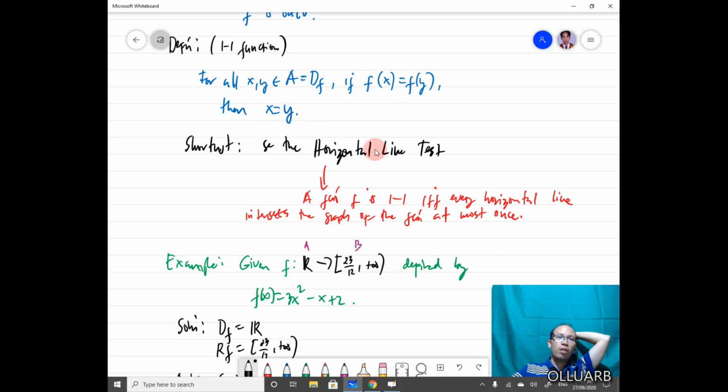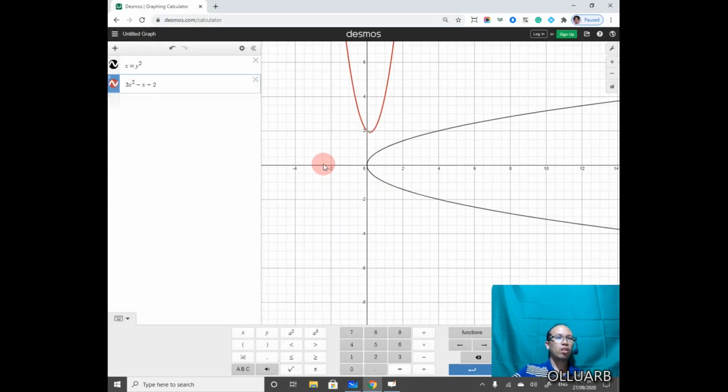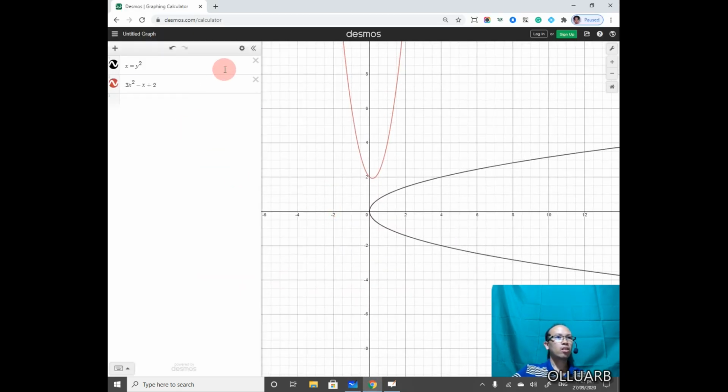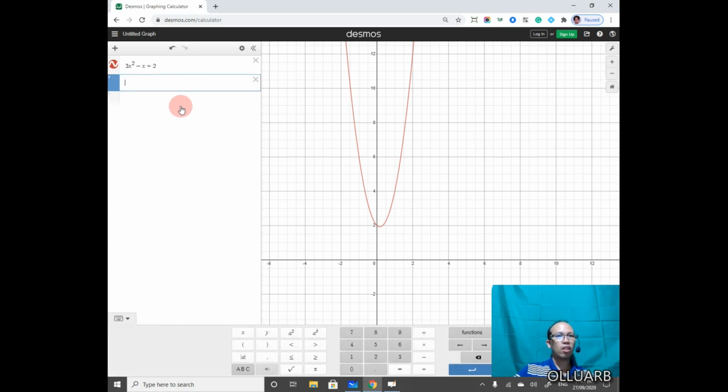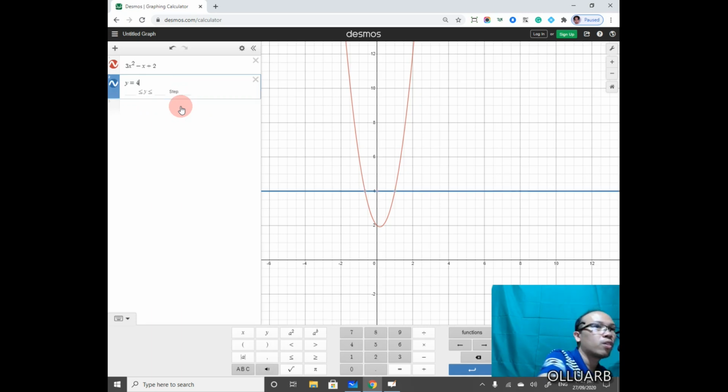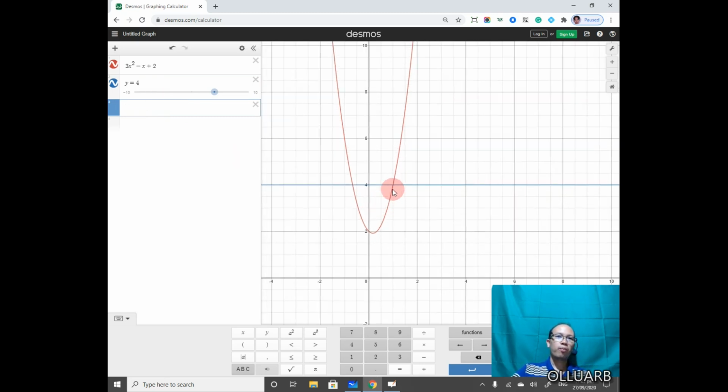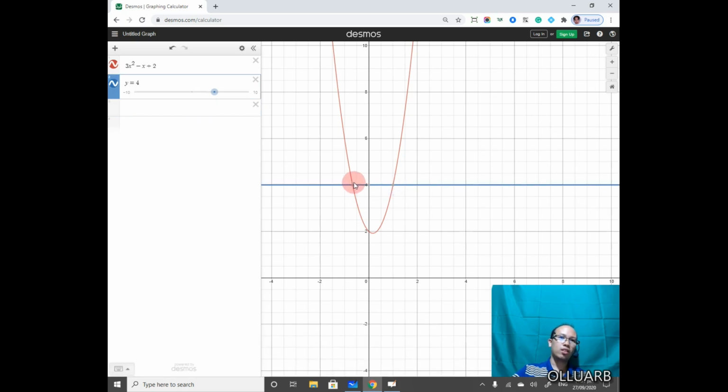However, if you use the vertical line test, let's delete this one so that you will not be confused. If you create a line like y is equal to 4, it touches the graph at two points.